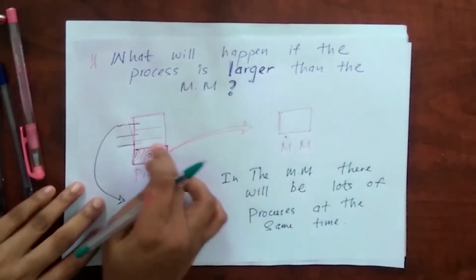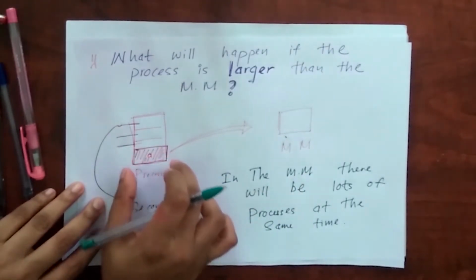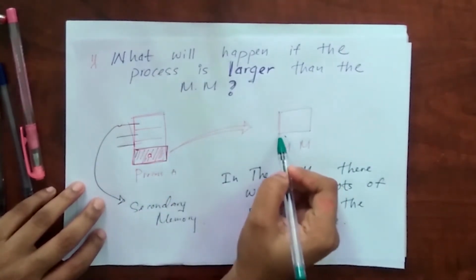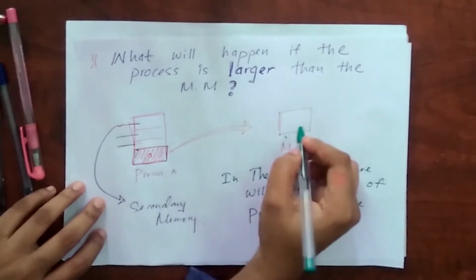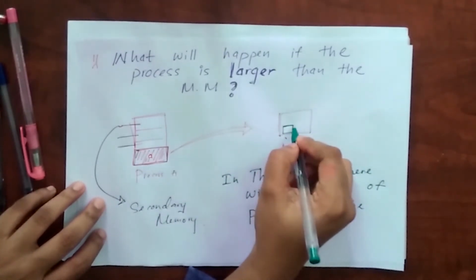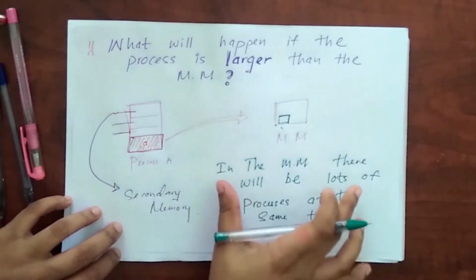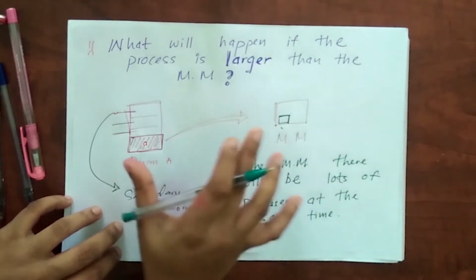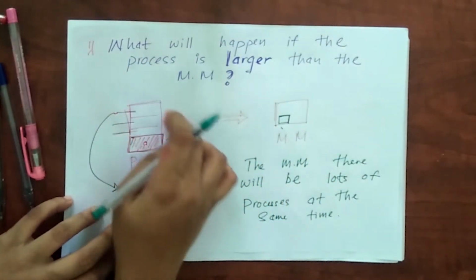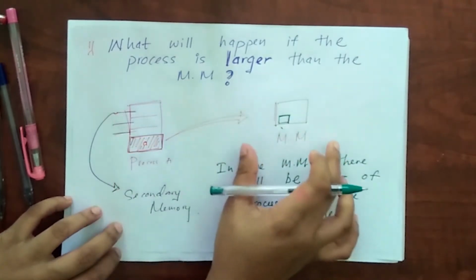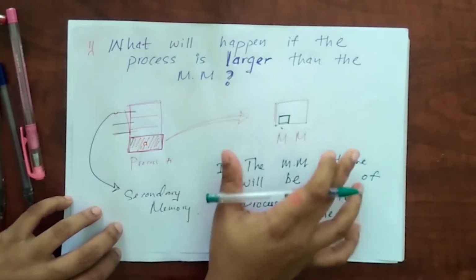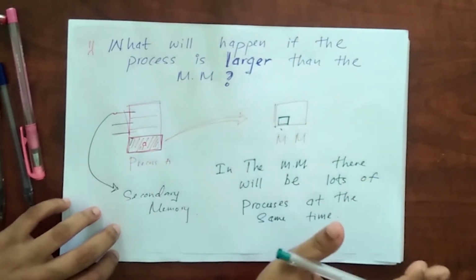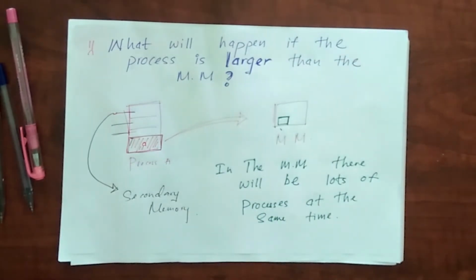When we load only the particular portion, it is a small amount of data, so that particular process takes a small space in the main memory, right? So many processes can be in the main memory at the same time. Otherwise, if we load the complete process, this large process, it will take a large space in the main memory and only 1, 2 or 3 processes will be there at the same time. So this is the advantage.